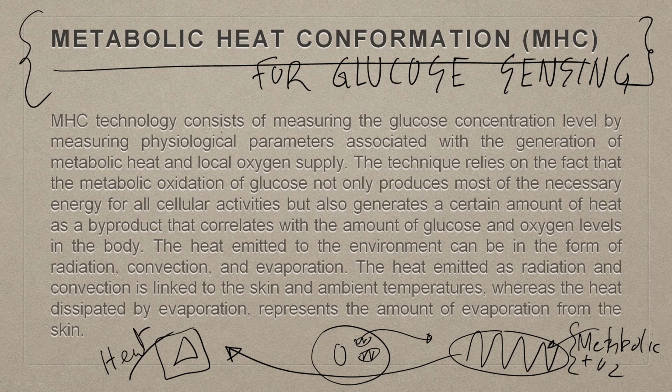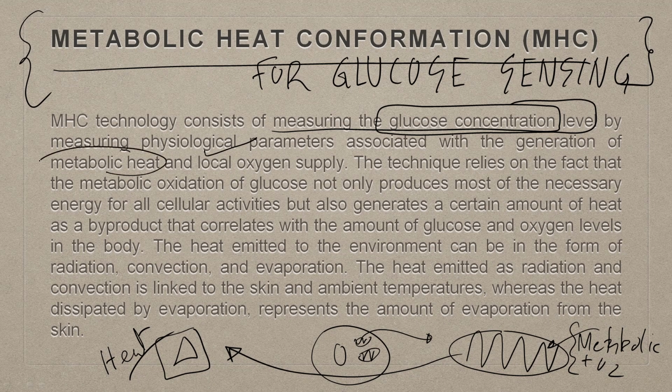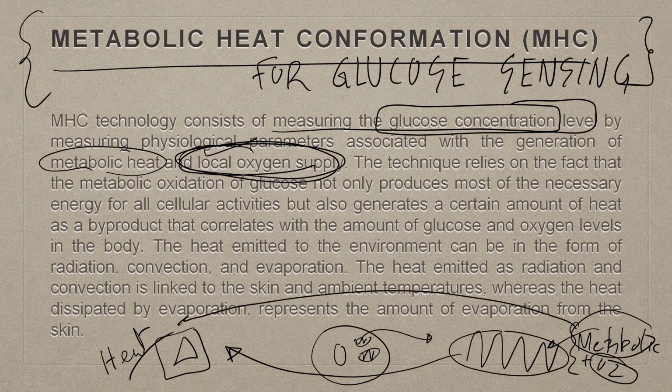So, MHC technology consists of measuring the glucose concentration level by measuring physiological parameters associated with the generation of metabolic heat and local oxygen supply. Local oxygen supply and the metabolic heat.